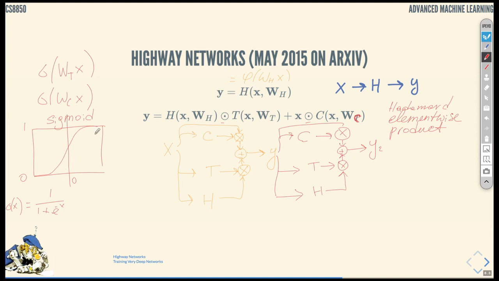When the values are close to 1, whatever h returns is passed through the gate. That means the gate is open when it's close to 1. When it's close to 0, the gate is closed because no matter what h returns, it's multiplied by 0, here it's an element-wise multiplication, so nothing passes through. And then we add the original input x untouched.